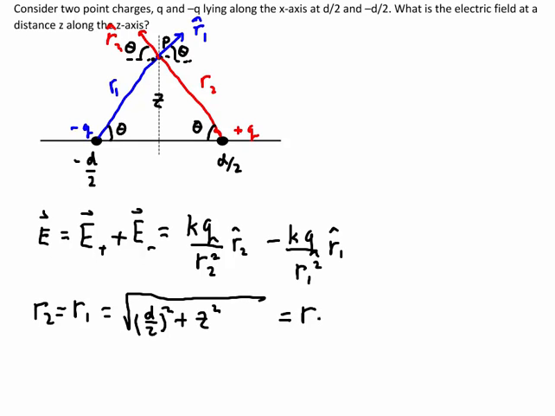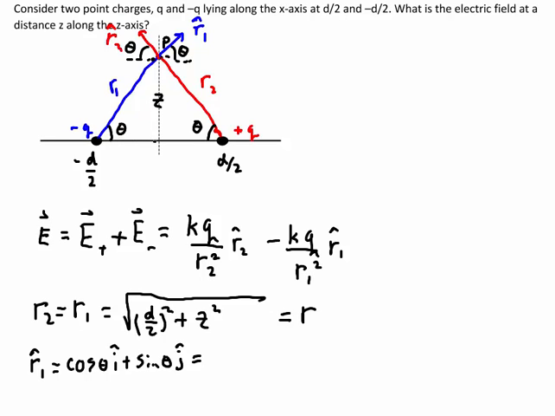To find R1 hat, we need to write R1 hat up here in terms of this triangle. We have a cosine theta i hat and a sine theta j hat. So R1 hat is cosine theta i hat plus sine theta j hat, which is equal to, the cosine found easiest by looking at this thing here.